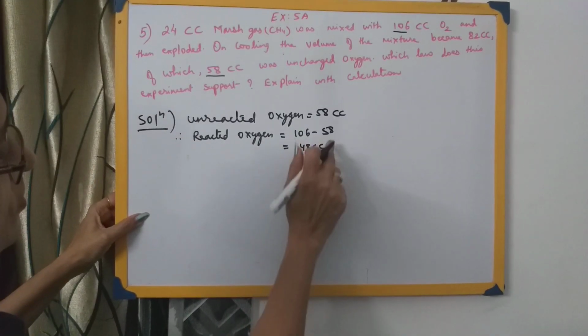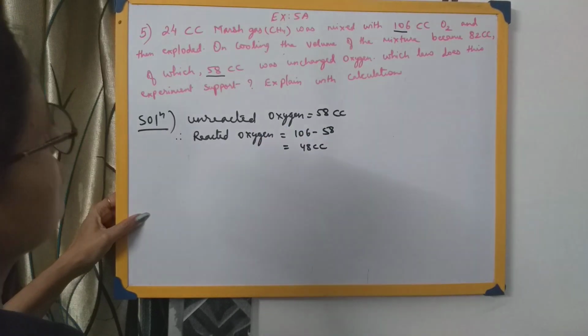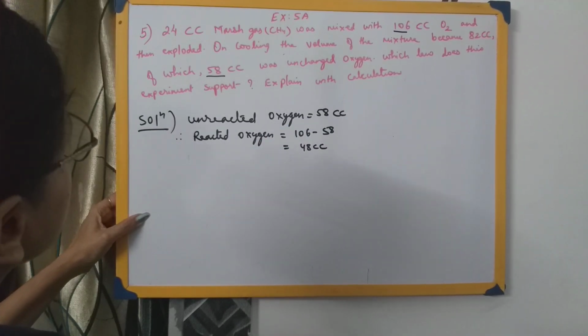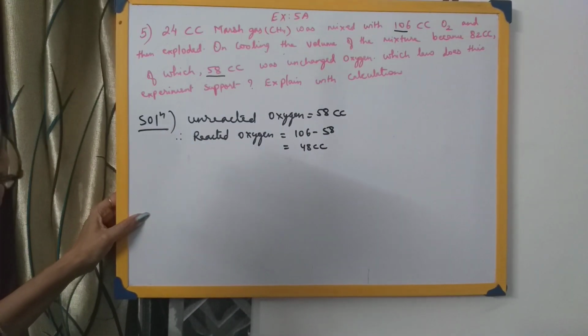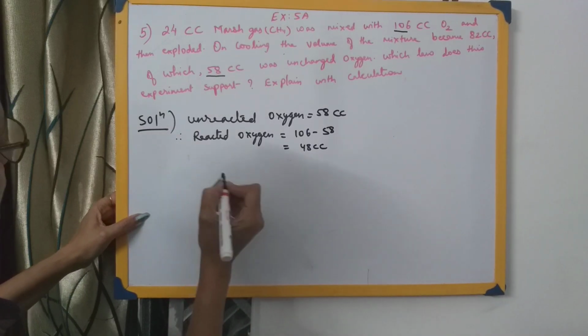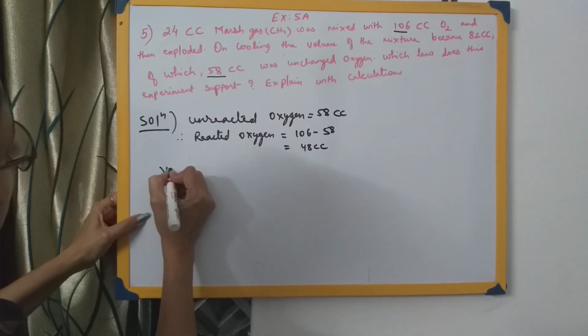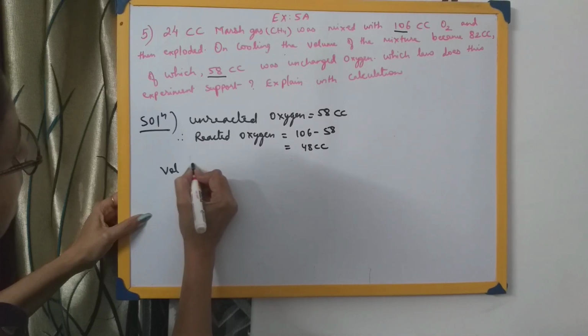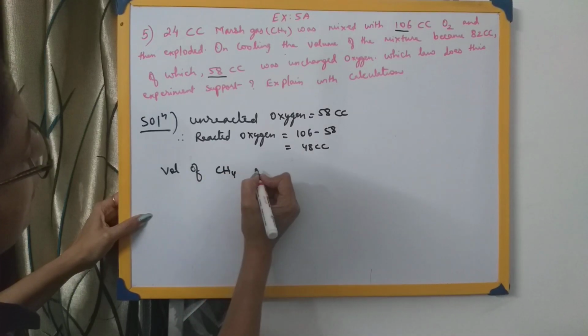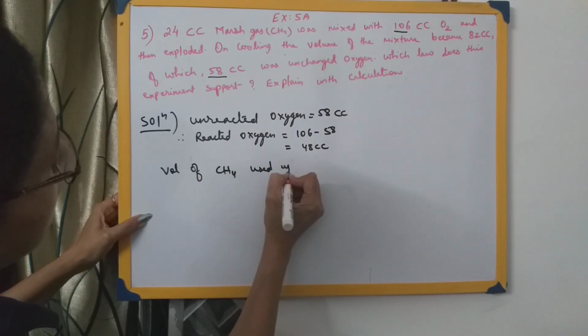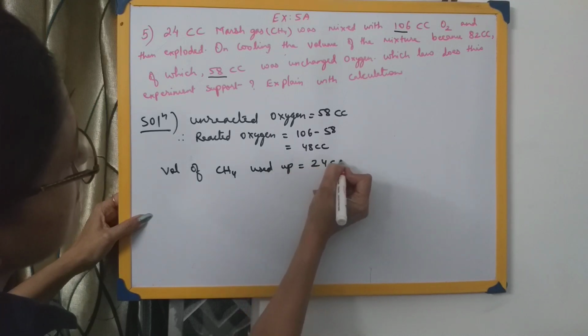So reacted oxygen is 48 cc, unreacted oxygen is 58 cc. What else has been given? Volume of marsh gas used up. Marsh gas, that is methane, used up is equal to 24 cc.